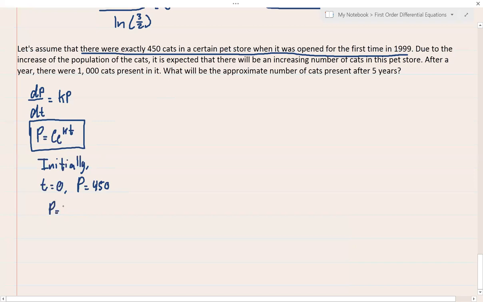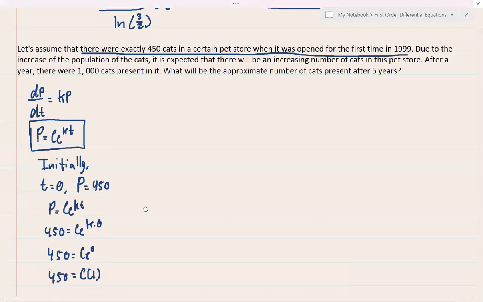So P is equal to C E raised to kt. So we have 450 is equal to C E raised to k times 0. So obvious na to. Okay? So magiging C E raised to 0. And again, E raised to 0 is 1. Anything raised to 0 is 1.